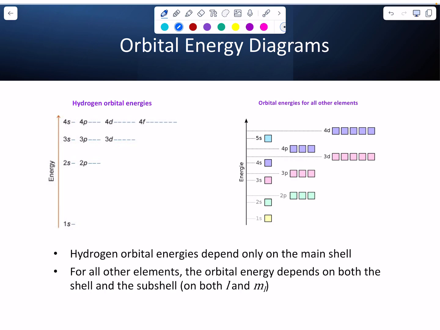Okay, so this is a single electron system. And a single electron system is really the only one that we can do the math for with our quantum model on pencil and paper.